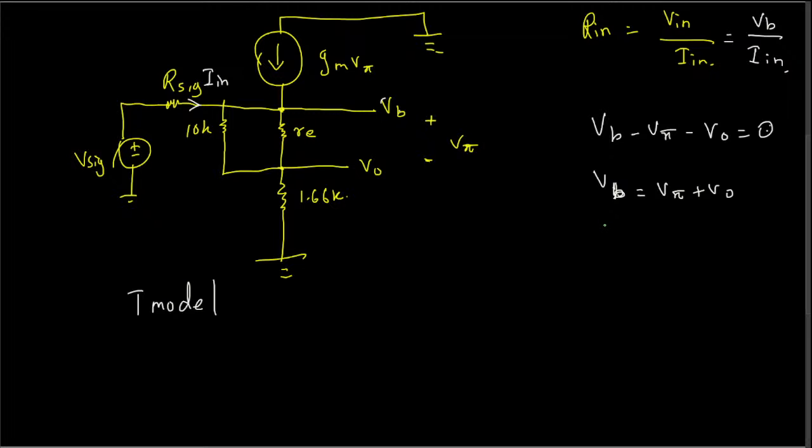Now, is there any way we can calculate the VO? To calculate the VO, we can try to find, okay, here we have 1.66K, and here we have the emitter resistance.